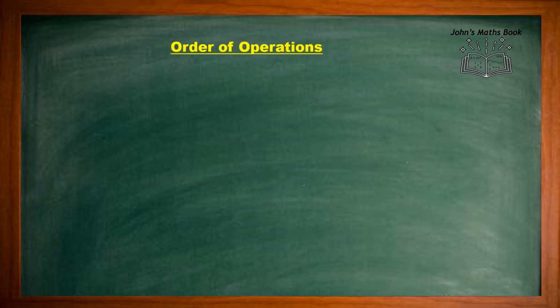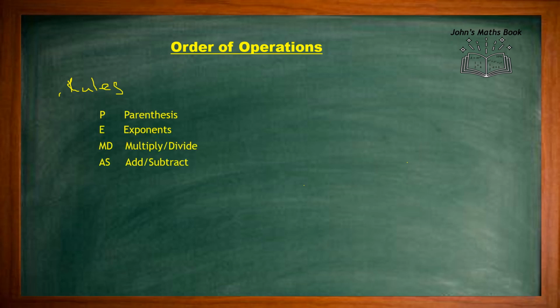Now, because we can get different answers to the same expression, we have some rules which tell us the order of preference of different operators. Let's see what those rules are. So the rules are the parentheses come first. Parentheses are brackets. The exponents are done next.